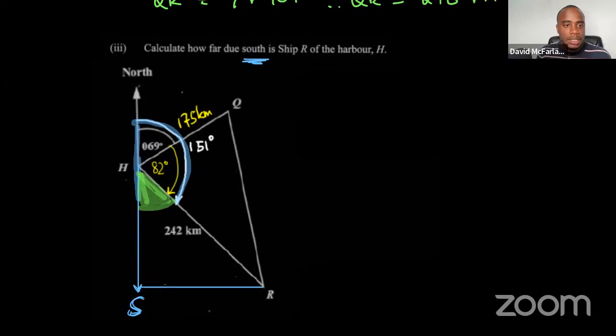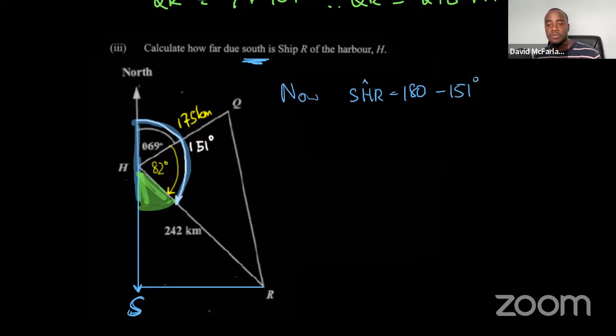So that means our angle, since I called it S down here, angle SHR is going to be equal to 180 minus 151. And 180 minus 151 is 29.